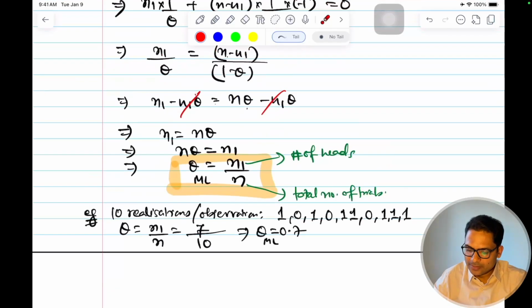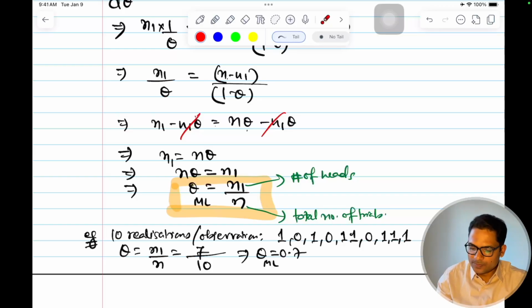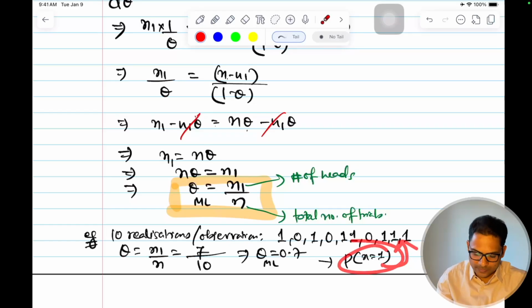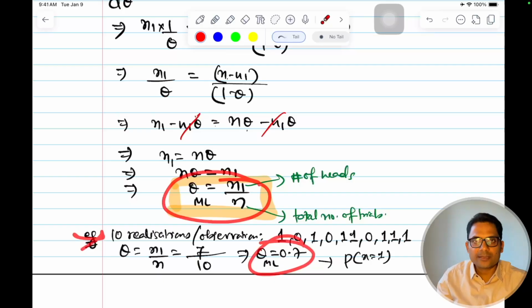I hope this is clear. So this is equal to the probability of success, or probability of x equal to 1. This is what it is giving, the maximum likelihood.